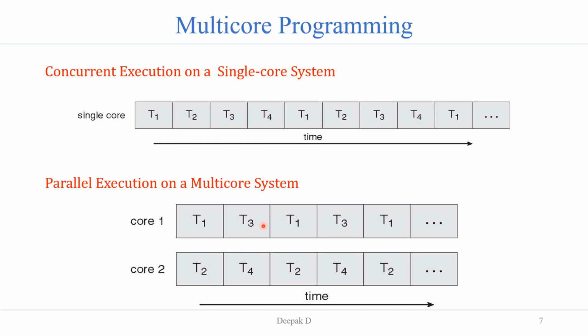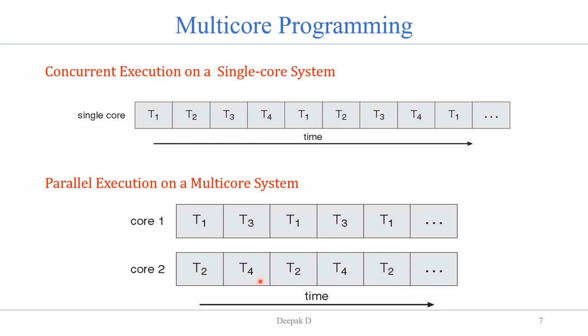Similarly, T3 is on core 1 and T4 is on core 2. On a system with multiple cores, concurrency means that the threads can run in parallel, as the system can assign separate threads to each of these cores.